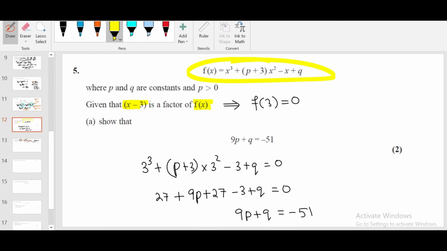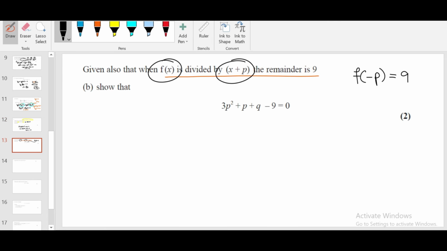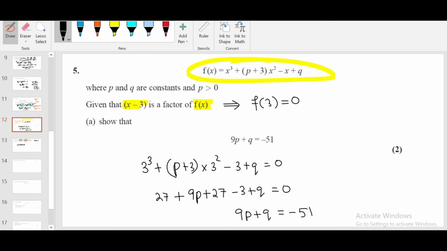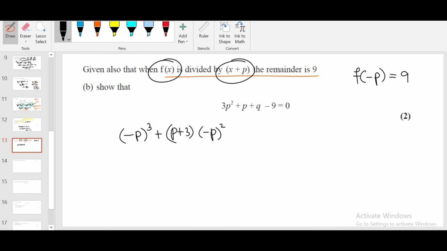So it's x cube, we replace x by negative p, plus p plus 3 times x squared, replace x by negative p, and then minus x plus q, is equal to 9, the remainder is 9. Expand the bracket, you will get the answer already.